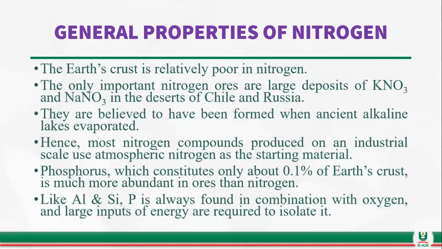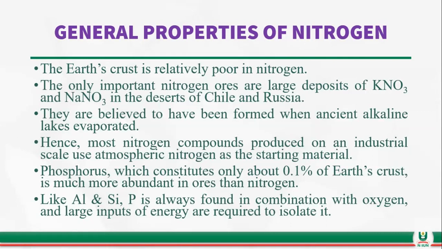Of course, you know potassium nitrate is made up of potassium, nitrogen, and oxygen, and sodium nitrate is made up of sodium, nitrogen, and oxygen. Some processes can help you to refine, to purify, to extract the nitrogen out of those ores, but it's not generally available in abundance in any other part of the earth. They are believed to have been formed when ancient alkaline lakes evaporated.